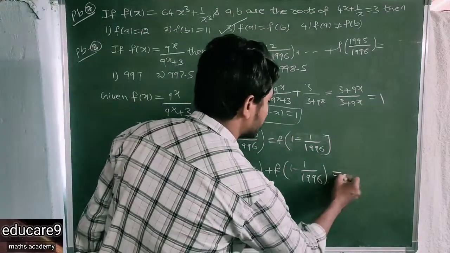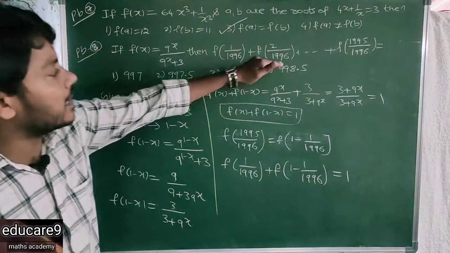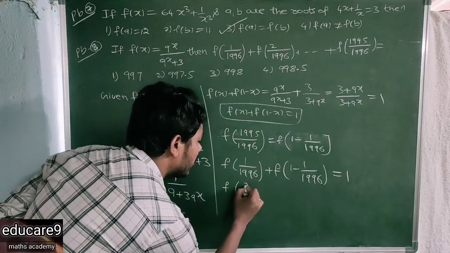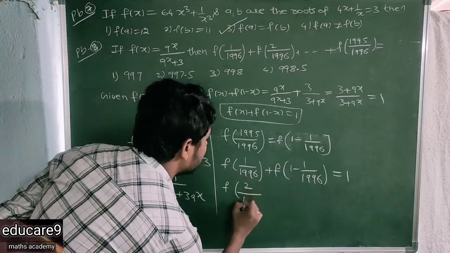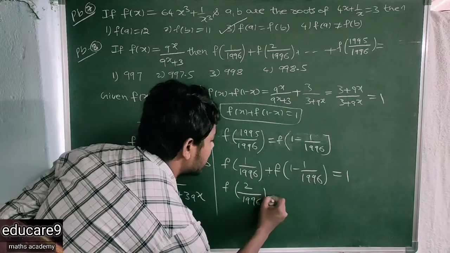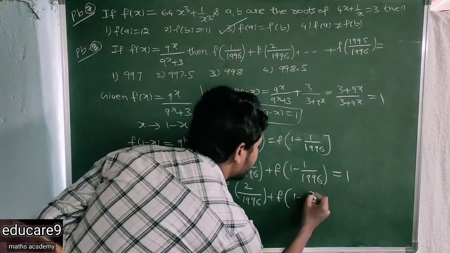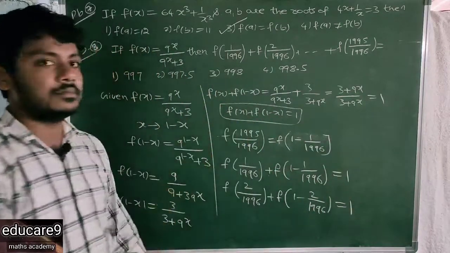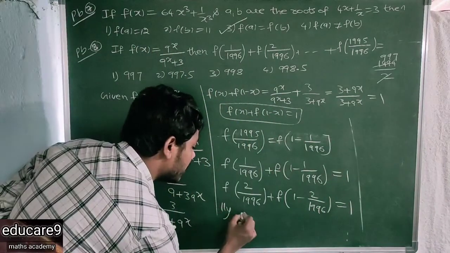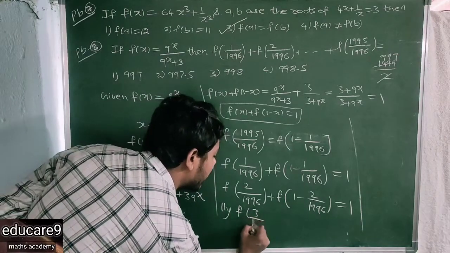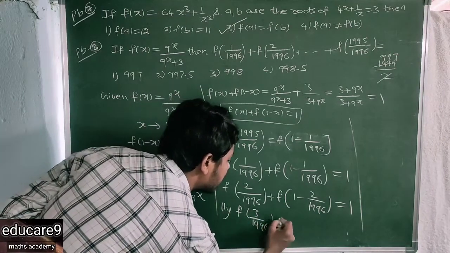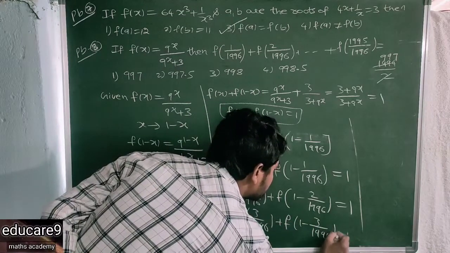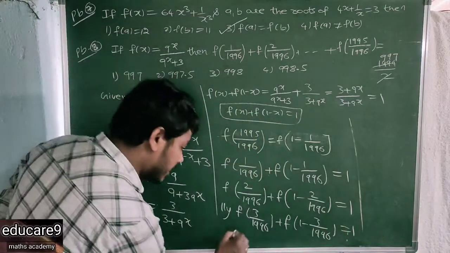So this is equal to 1. So similarly, the second value, that is f of 2 by 1996 plus f of 1 minus 2 by 1996, this value is also 1. Similarly, f of 3 by 1996 plus f of 1 minus 3 by 1996, this value is also 1. And so on.